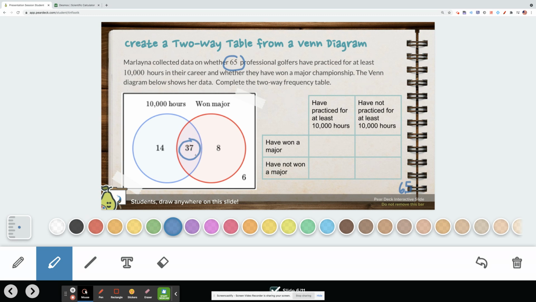And I look at 37, and I realize that those 37 golfers not only have practiced for at least 10,000 hours, but they also have won a major. Now, these 6 golfers sadly have not won a major, but they also have not practiced for at least 10,000 hours.